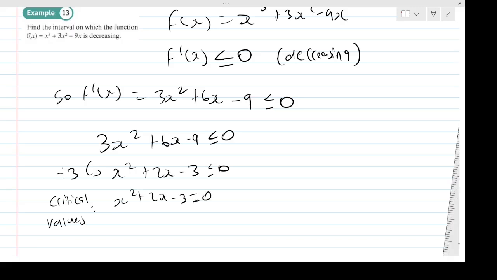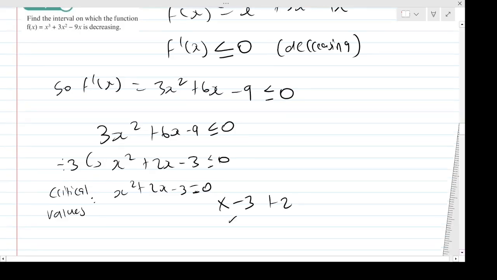You can solve it however you want. Does factorising work? Well, we'd need two numbers that multiply to get minus 3 and add to get positive 2. The factors of 3 are just 3 and 1. And actually, yes, because if I do positive 3 and then minus 1, 3 minus 1 is 2, and 3 times minus 1 is minus 3.